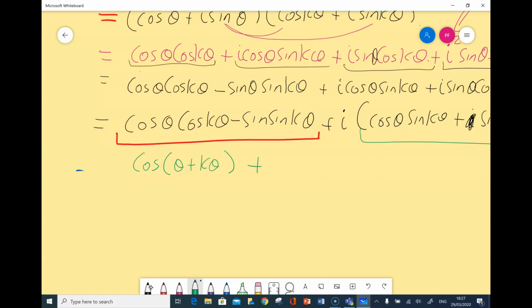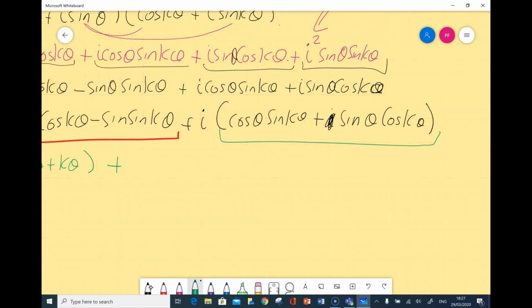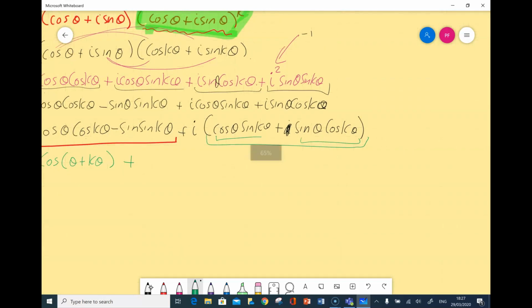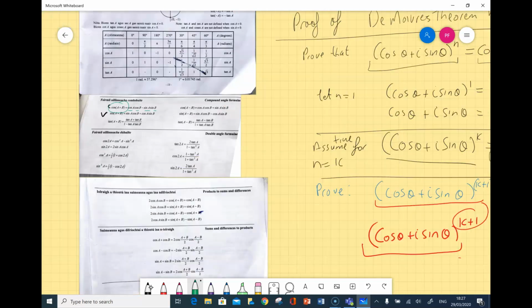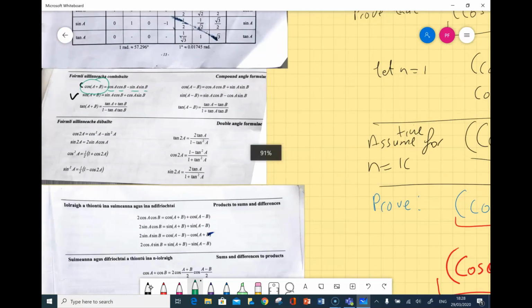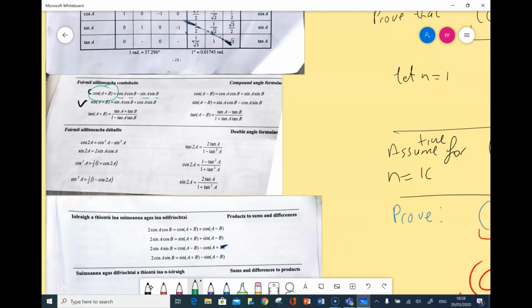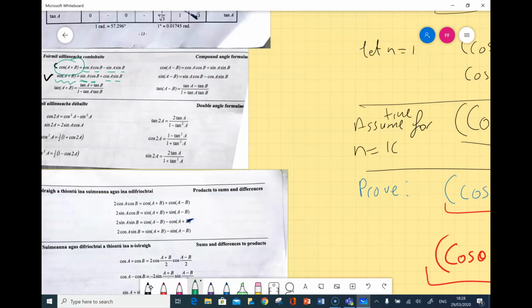Plus, then I've got cos sin plus sin cos, and either way, it's sin (A+B).